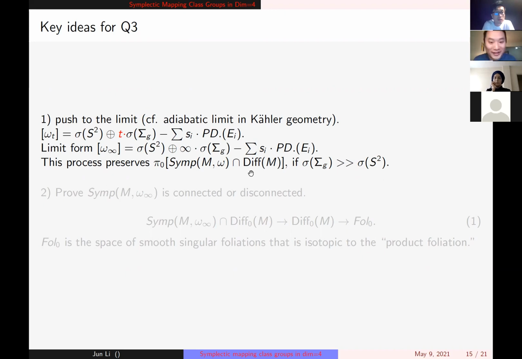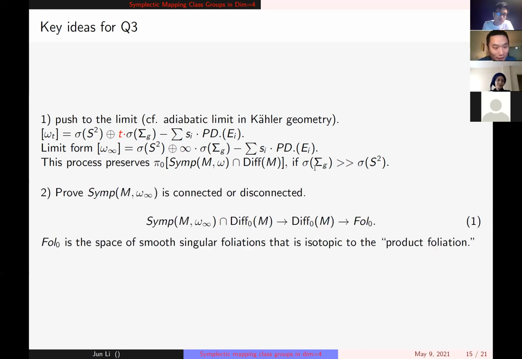Oh, sorry. I think the connection is not stable. It's probably okay now, right? So we are able to prove that this limiting process at least preserves the pi zero, provided that we start with a ruled surface with a large base. Then we are going to look at the limit.